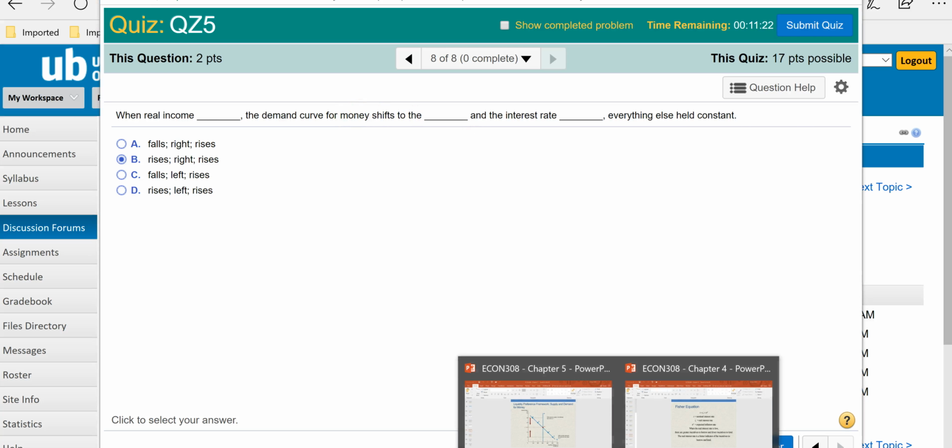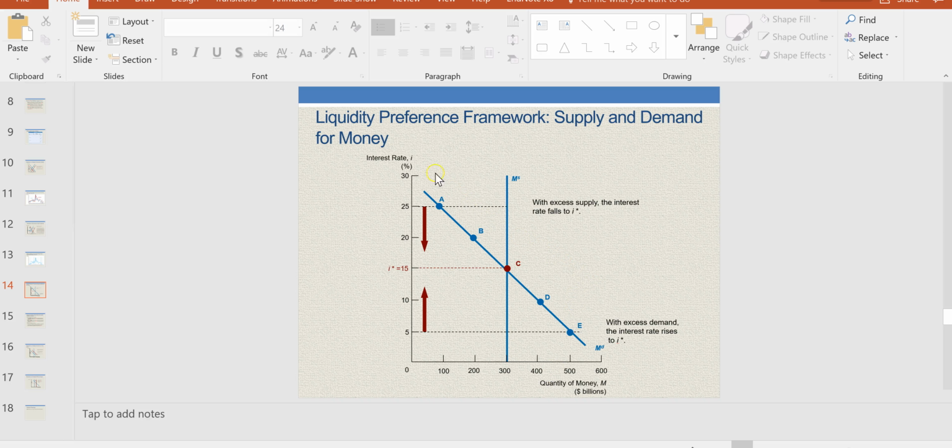If you check my lecture slides, the Liquidity Preference Framework is about supply and demand for money. In this framework, the demand for money is downward sloping, because the interest rate is on the vertical axis and the quantity of money is on the horizontal axis.